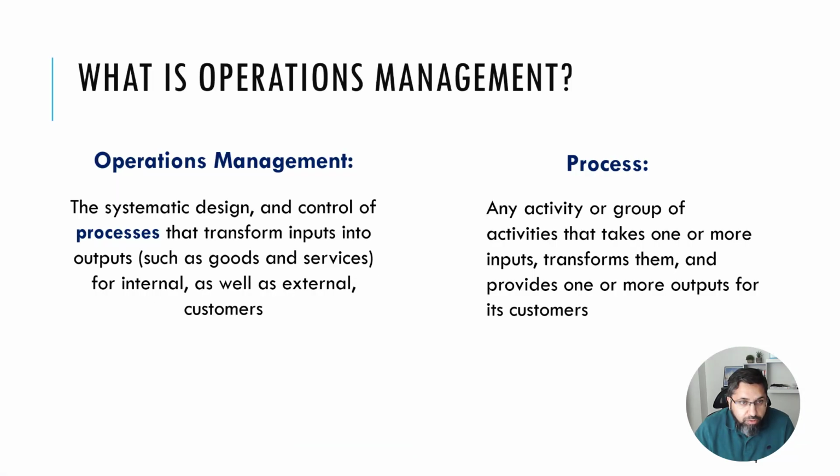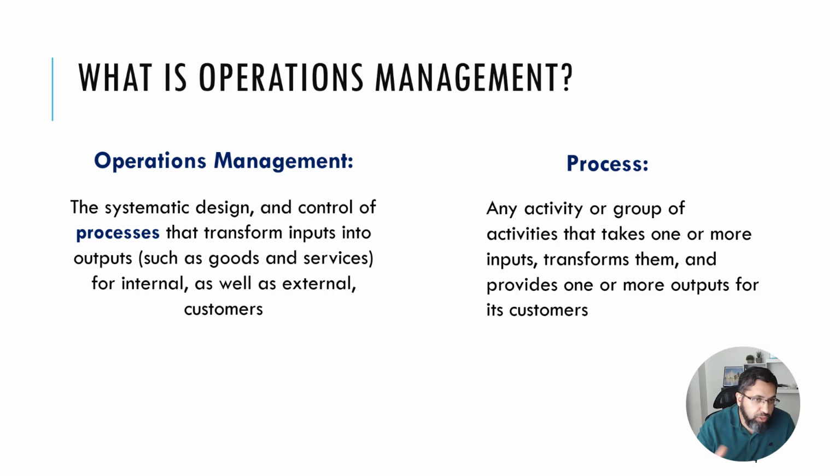Okay, so what is operations management? Operations management is essentially process management, because most of the things we're going to talk about are going to be about managing processes. So if you look at the definition on the slide, operations management is the systematic design and control of processes that transform inputs into outputs, and this transformation could be for external users or internal users.